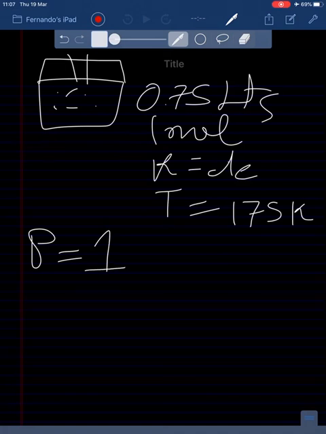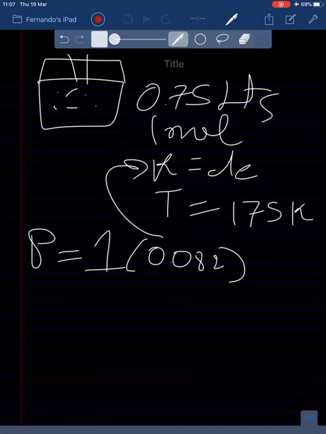I'm going to have 1 mole times 0.082, times the temperature, which is going to be 175 kelvins, over how much? 0.75. We don't need the dimensional analysis, we already know that we're on the right track.